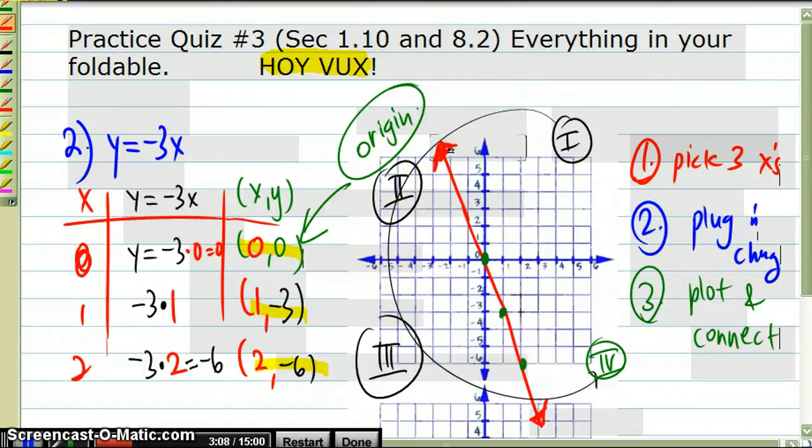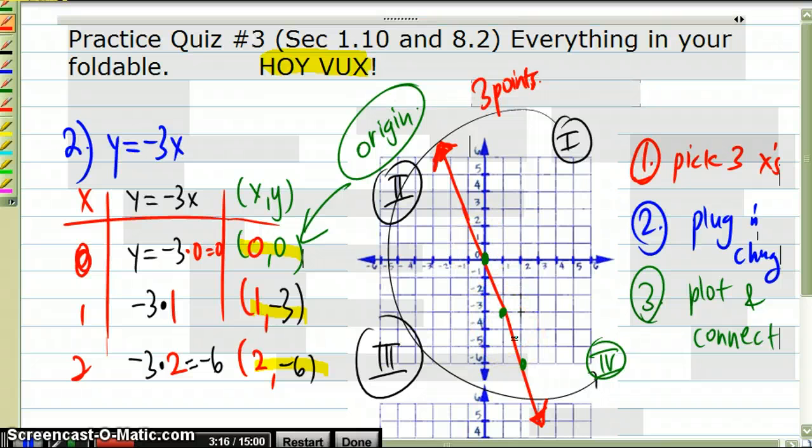Each question is worth 3 points. So what am I looking for each of these points to receive? One, that your points are in the correct place. Two, that you drew a line with arrows. And thirdly, that I see your work here and I can see your ordered pairs.